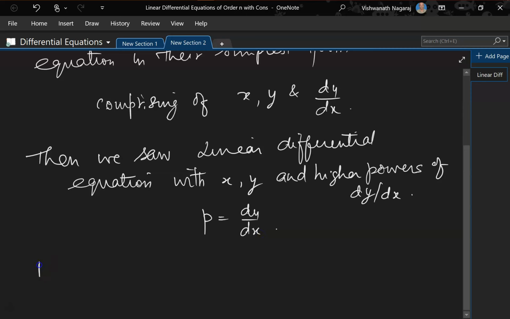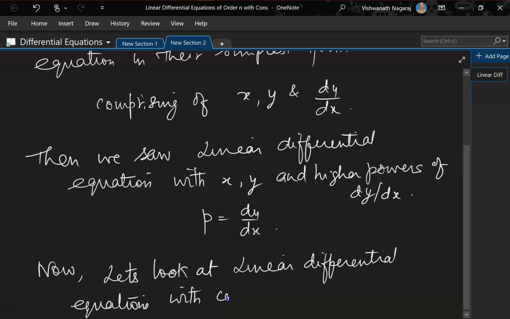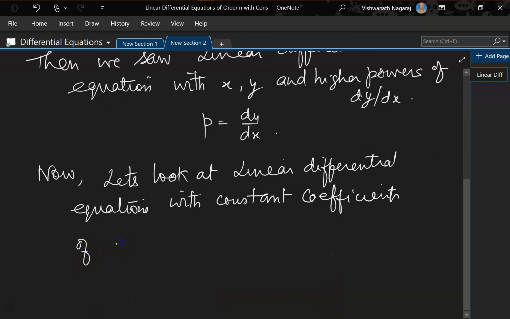So now let's look at linear differential equations with constant coefficients of order n.